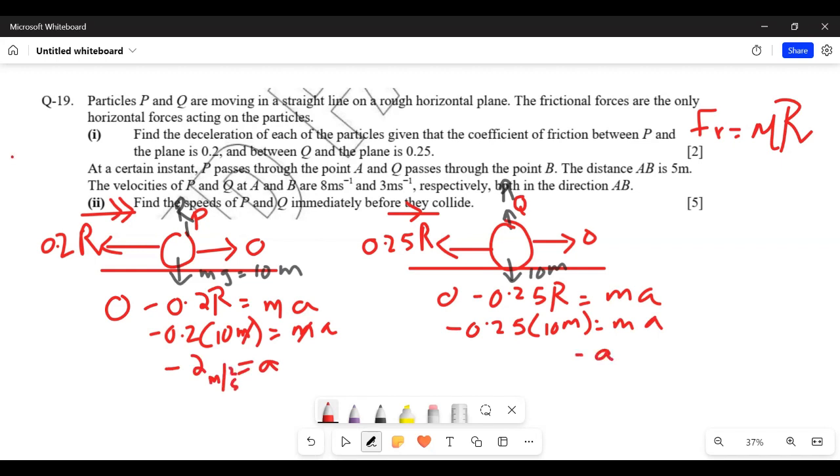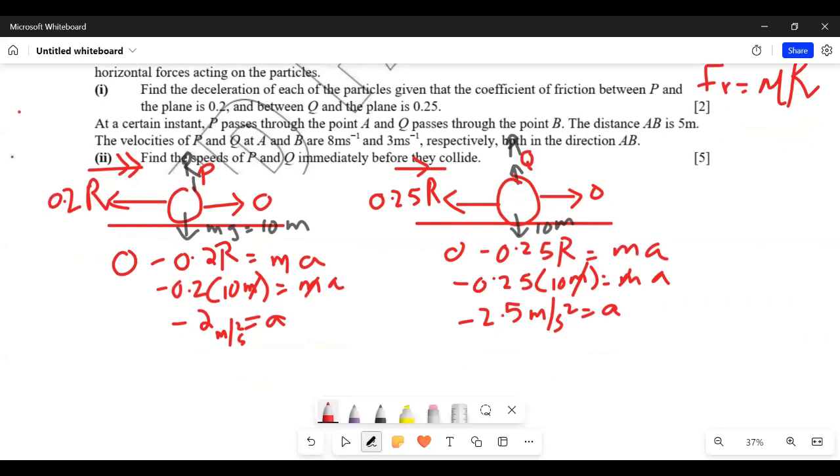And here acceleration equals minus 2.5 meters per second squared. So it's decelerating. The question has asked for deceleration, so for deceleration you're going to write 2 meters per second squared, and deceleration here is going to be 2.5 meters per second squared.